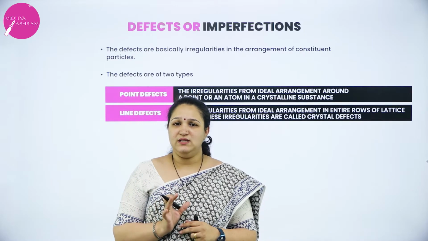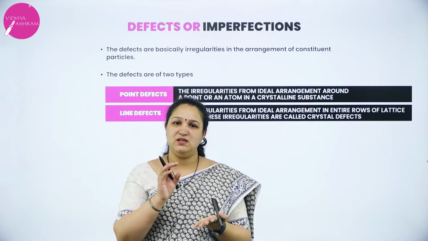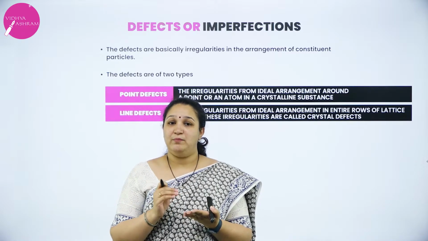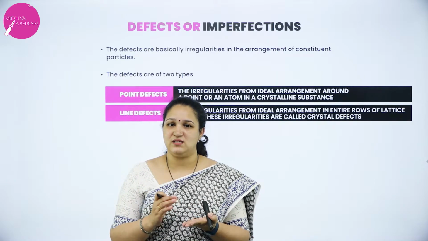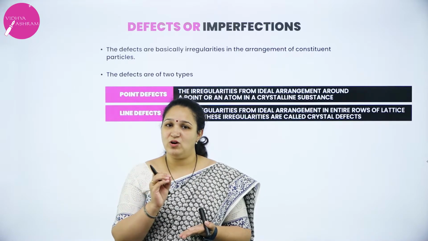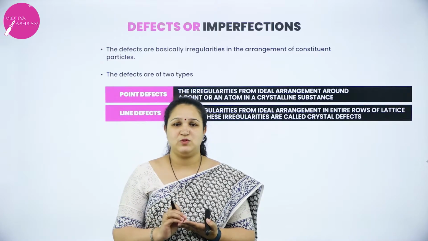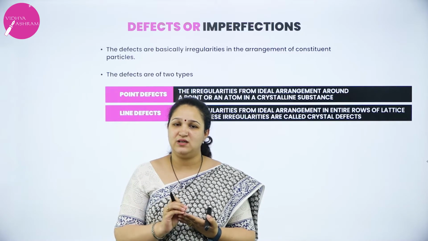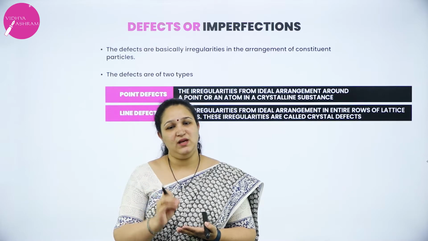Usually in solids, at 0 Kelvin, the particles are exactly in their original lattice points. But above 0 Kelvin, as the temperature increases, the particles will start getting thermal energy, and because of thermal energy, they will start vibrating in their position. Because of such vibrations, there might be some defects which can come in the solids.